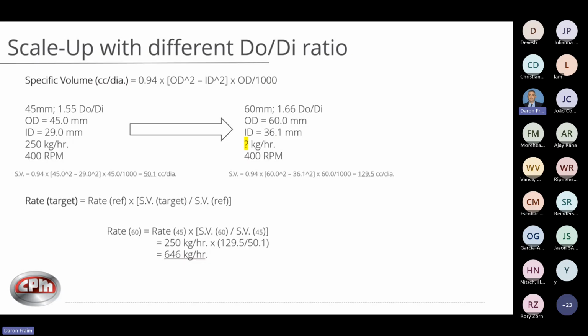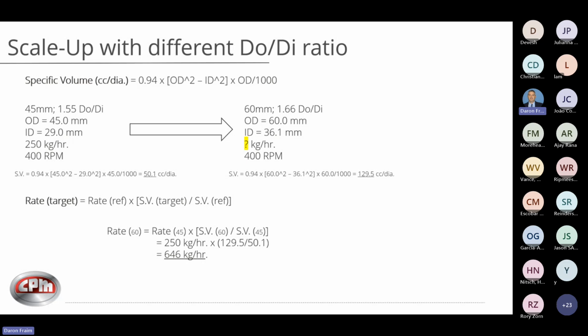And I would do a similar type calculation. It's just we're not taking the ratio of the diameter of the machines and cubing that. Here you're just going to take specific volume. So in this case, on the 45, you achieve 250 kilograms an hour. You take the ratio difference of the specific volume of the machine.